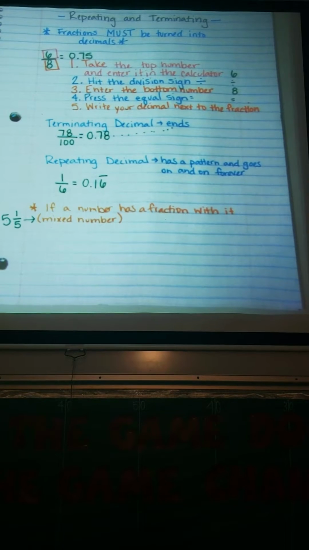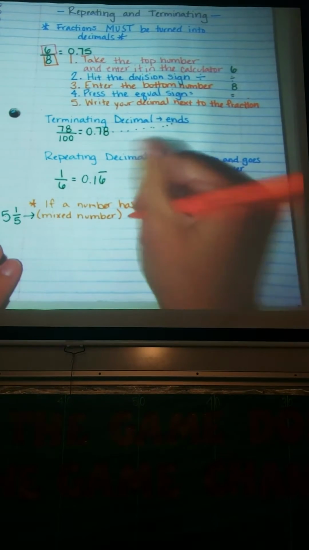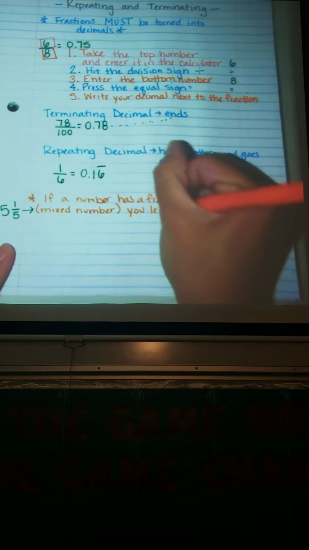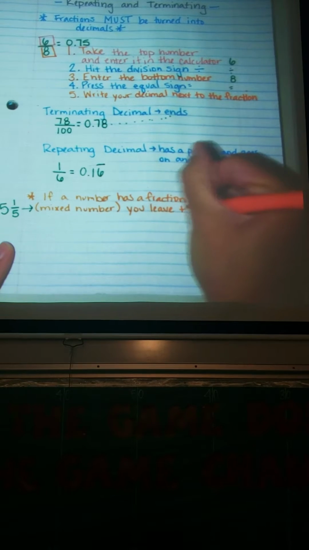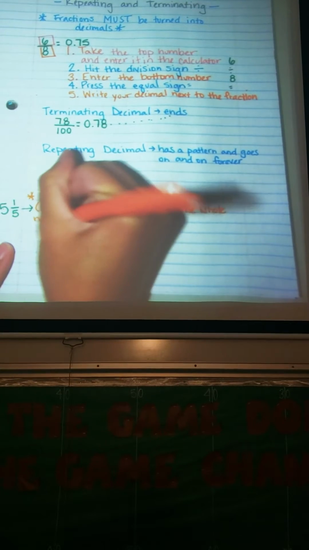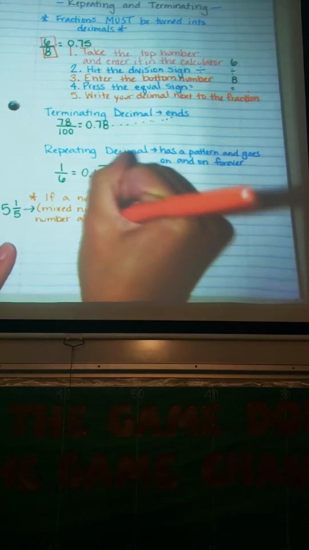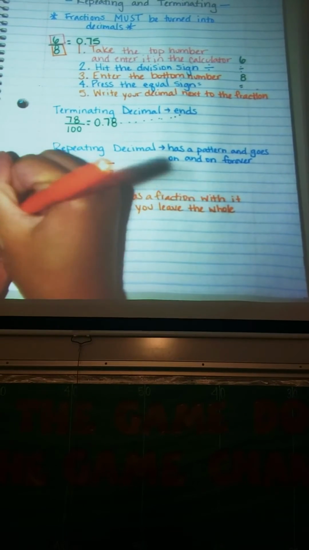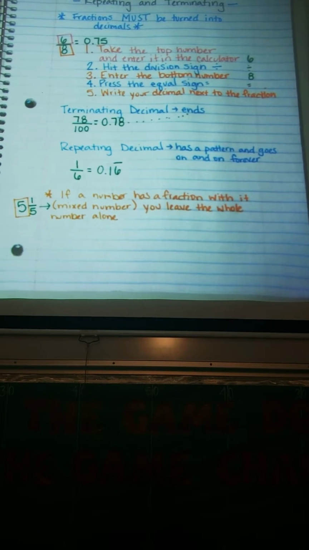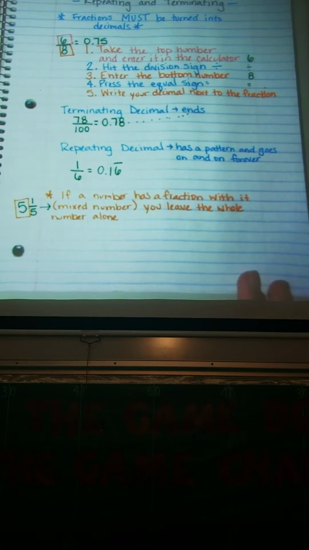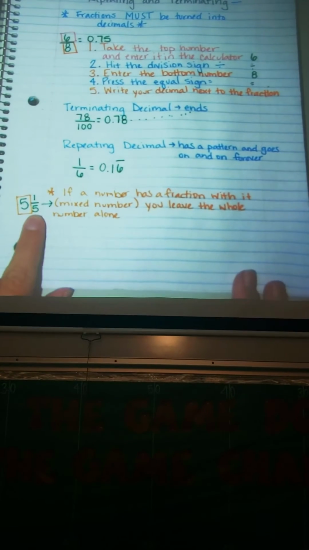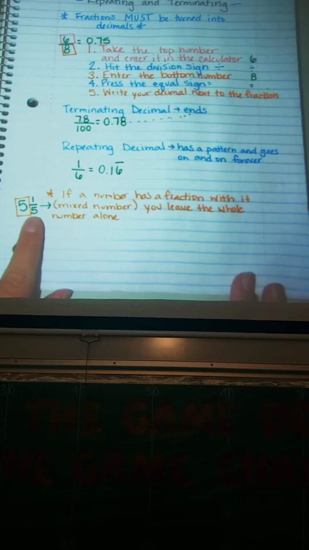Okay. When it has that, you always leave the whole number alone. Okay, so I'm leaving this 5 alone. I'm not touching it. The only thing that I'm going to do is turn this fraction, the 1/5, into a decimal and then put it at the end of the 5.